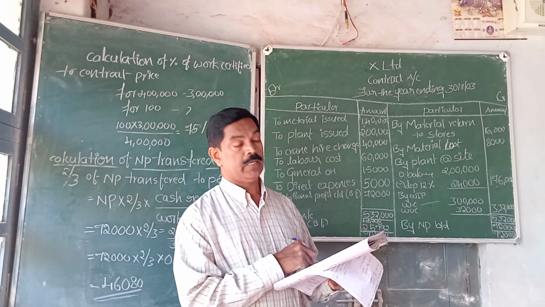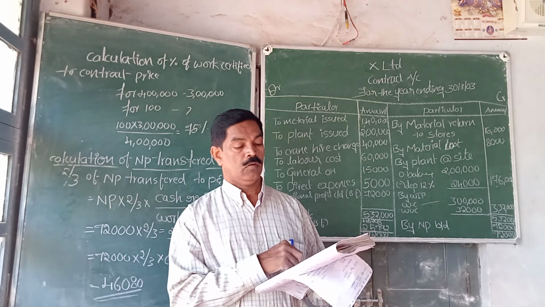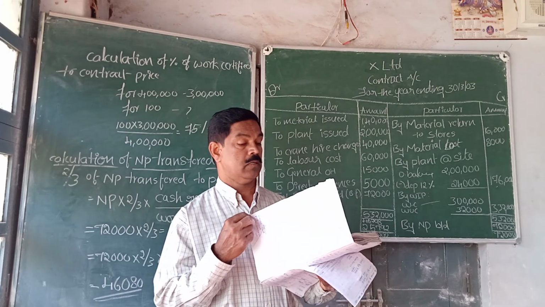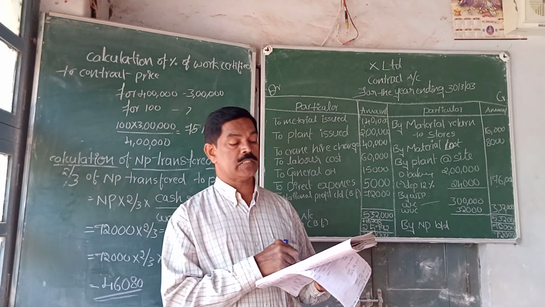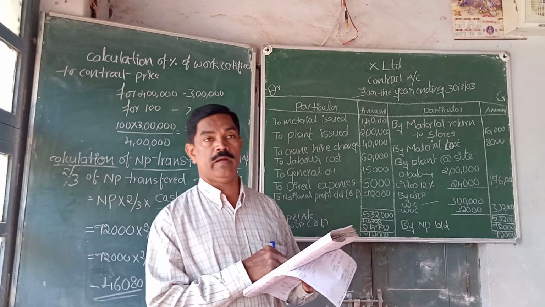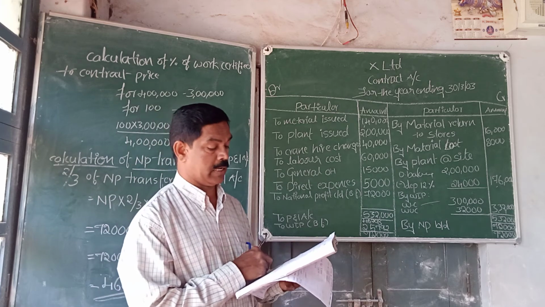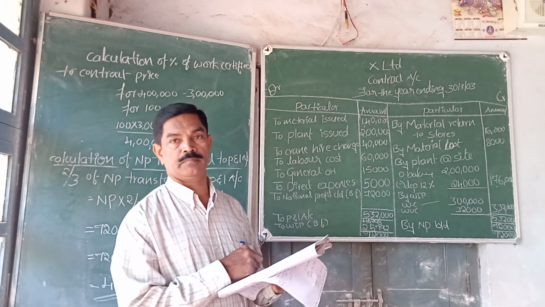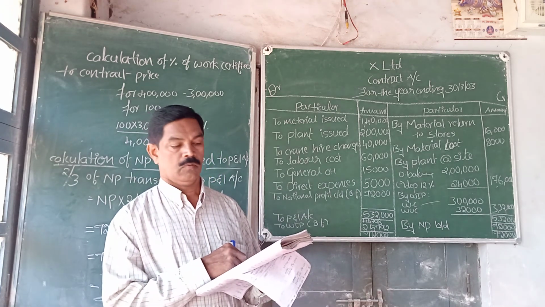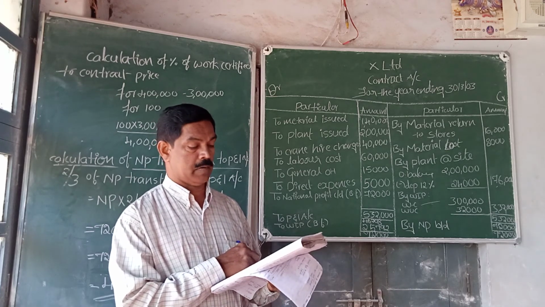Then here also you have to calculate plant at site. Original balance of plant 30,000 less depreciation at 12%. Here the period of the plant is also taken into account, only 4 months. So depreciation is 1,200, and 28,800 comes.